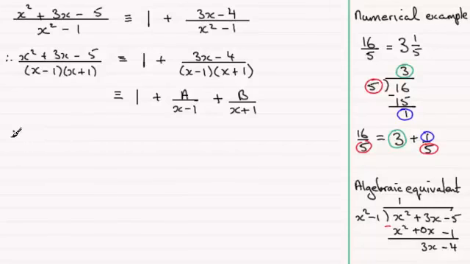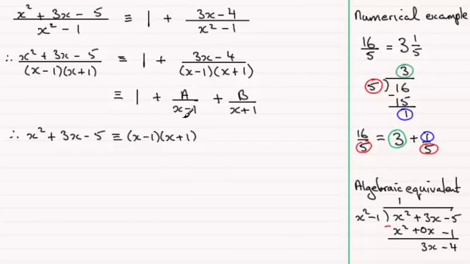And if I do that, we therefore have on the left here just x squared plus 3x minus 5. And then this is going to be identical to 1 times x minus 1 times x plus 1. So I'll write that in like so. I could obviously write just x squared minus 1. It's the same thing. It's up to you.